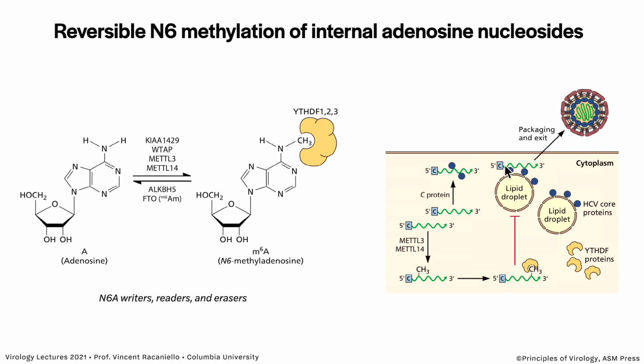And what happens is the RNA binds to the core protein, which is shown here in blue. It's a viral protein, and that stimulates assembly into a particle. This viral RNA can be methylated on adenosines by METTLs. So here you now have a methyl, and the methylated RNA cannot associate with the core protein on the lipid droplet. So this methylation is basically a defense by the cell to prevent virus assembly.